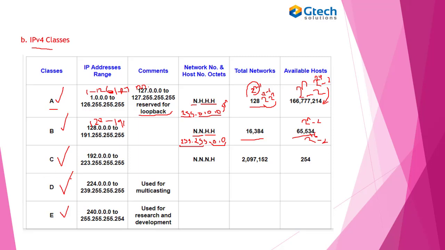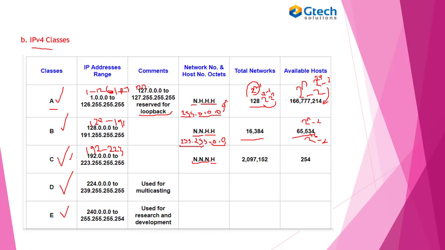So class C IP addresses. A class C IP address falls within a range of 192 to 223. Any IP address within this range is classified as a class C IP address. A class C IP address has the first 3 octets representing a network portion and the last octet representing a host portion.